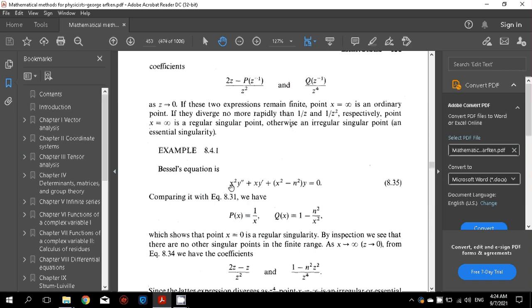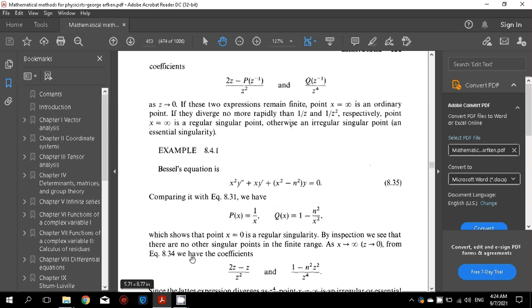So when we divide this equation by x square, we have 1 over x here, y double dash, and here x square minus n square over x square, so that px becomes 1 over x and qx becomes 1 minus n square over x square.